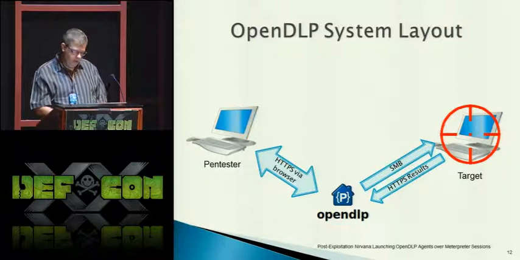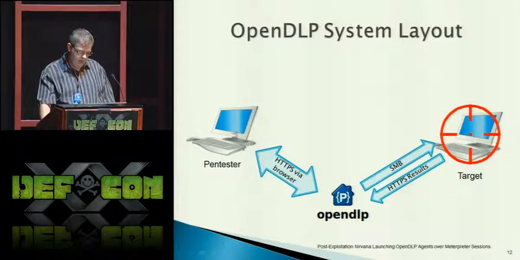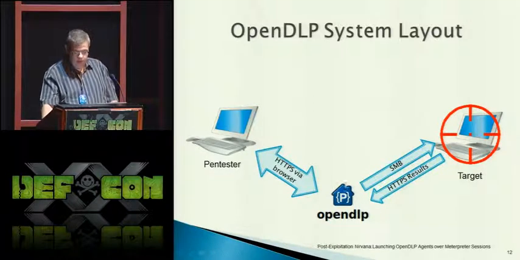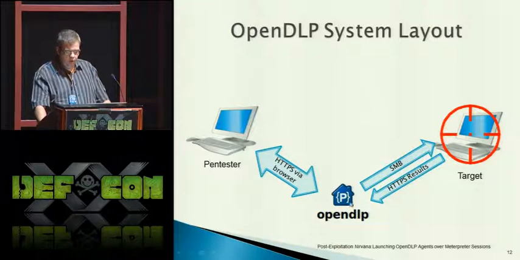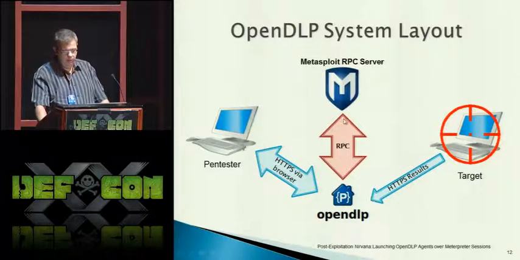And here you can see the typical OpenDLP setup as it is now. The pen tester hits OpenDLP via his browser, which then deploys with SMB. Periodically, the agent running on the target posts back results to OpenDLP, and will even tell OpenDLP when it's finished, and it'll be uninstalled by SMB. Well, we've gone and removed this SMB and replaced it with RPC communications to the Metasploit RPC server.